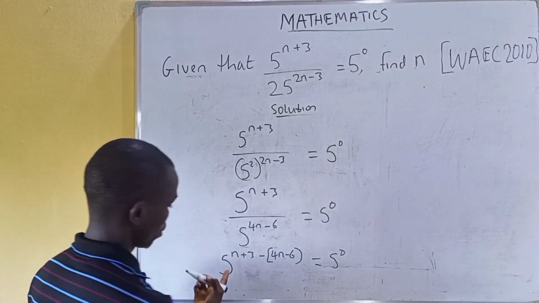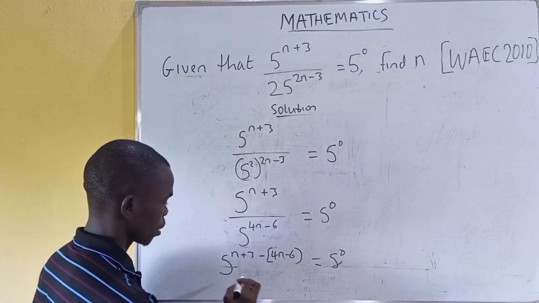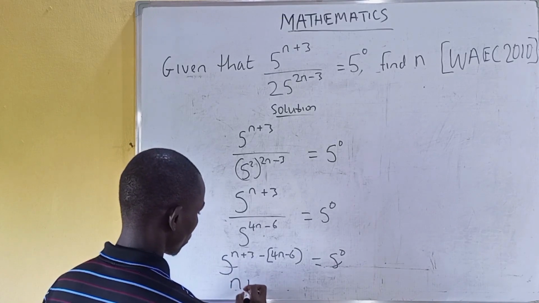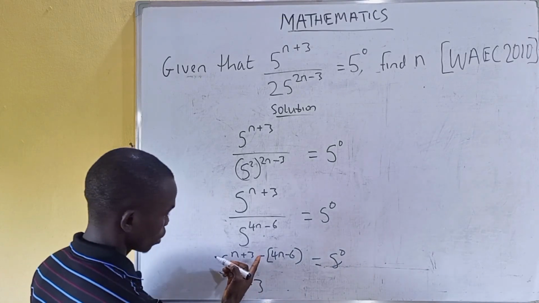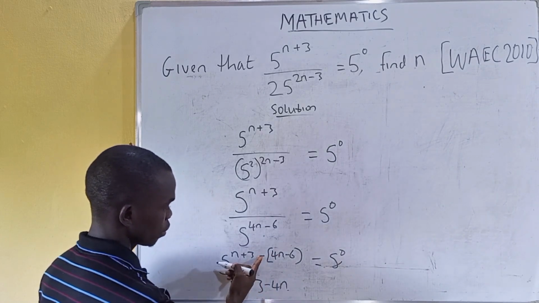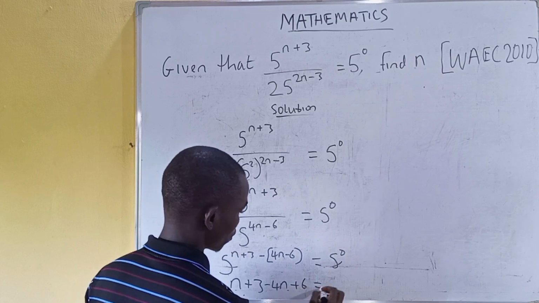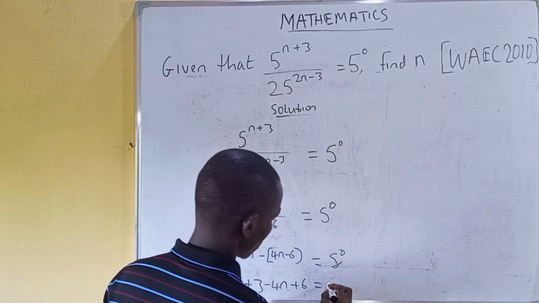From here now, the bases are the same, so they will cancel out, which will now be n plus 3. This times this will now be minus 4n, minus times minus 6 will now be plus 6, which is equal to the power here, 0.